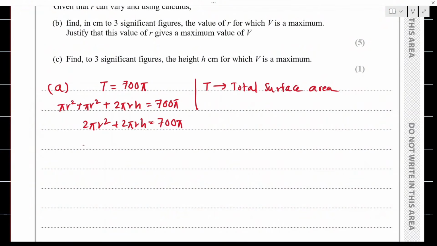So now from this expression, I can make h the subject, and this will give us an expression of h in terms of the radius r. And we can then use this expression to substitute h in our expression of volume. So in order to make h the subject of the formula, I can rearrange and write 700 pi minus 2 pi r square is equal to 2 pi r h. The 2 pi r square term moves to the right. Then I can write h is equal to 700 pi divided by 2 pi r minus 2 pi r square divided by 2 pi r.